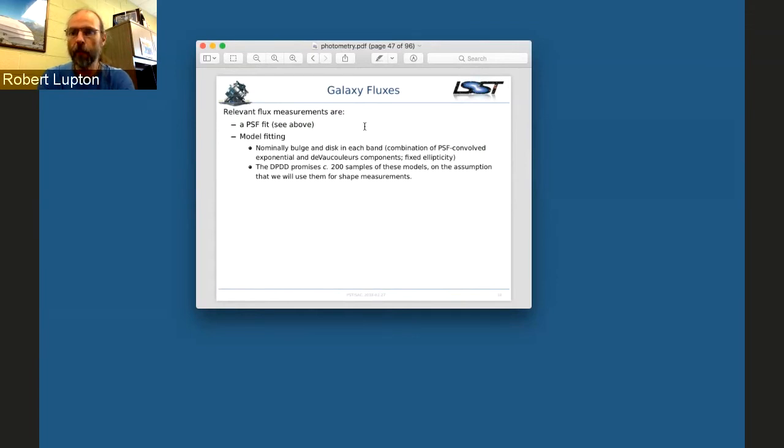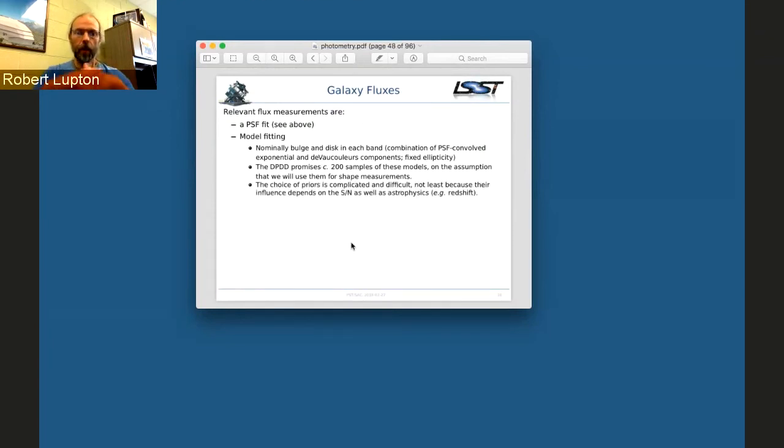It looks to me as if with the advent of Metacal and possibly the BFD stuff that Gary Bernstein and Bob Armstrong have been pushing, Bayesian shape measurements, we will probably not be measuring the shapes of the galaxy fits. If that's the case, the community may tell us we don't need these 200 samples, but that's out of scope for the project to decide. But we will negotiate. It's moderately expensive.